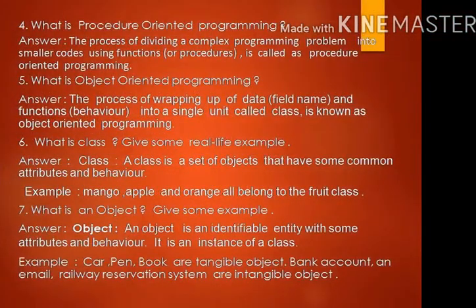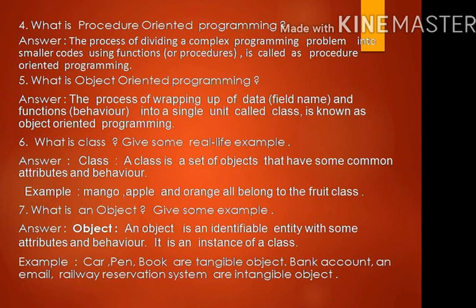Next slide contains some questions and answers. Question number 4. What is procedure-oriented programming? Answer. The process of dividing a complex programming problem into smaller codes using functions or procedures is called as procedure-oriented programming.